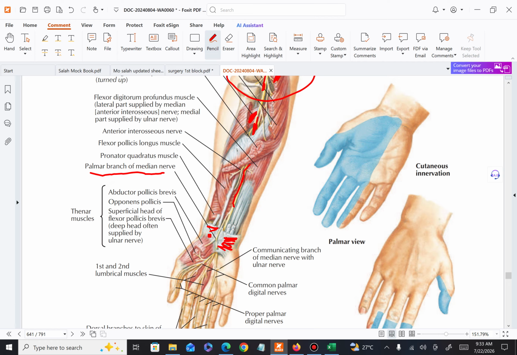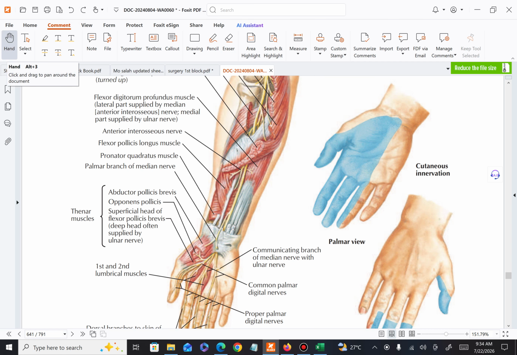So this is about the landmarks of the median nerve. In the forearm it passes between the two heads of pronator teres, while in the hand it enters by passing deep to the flexor retinaculum.